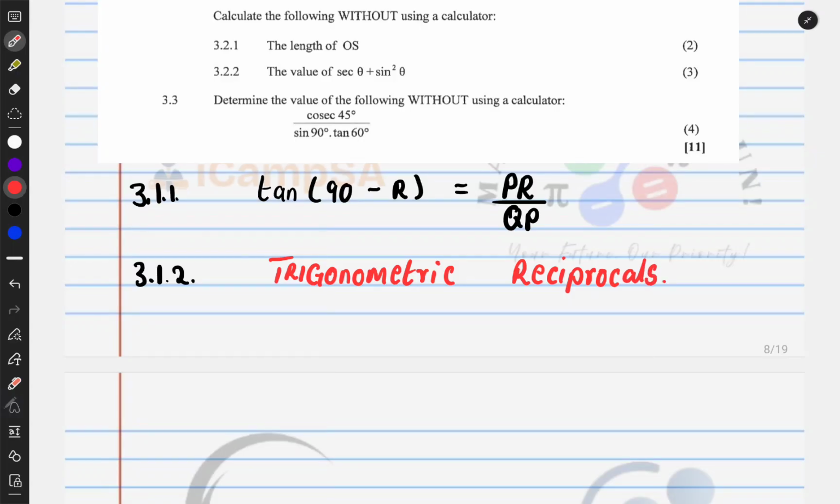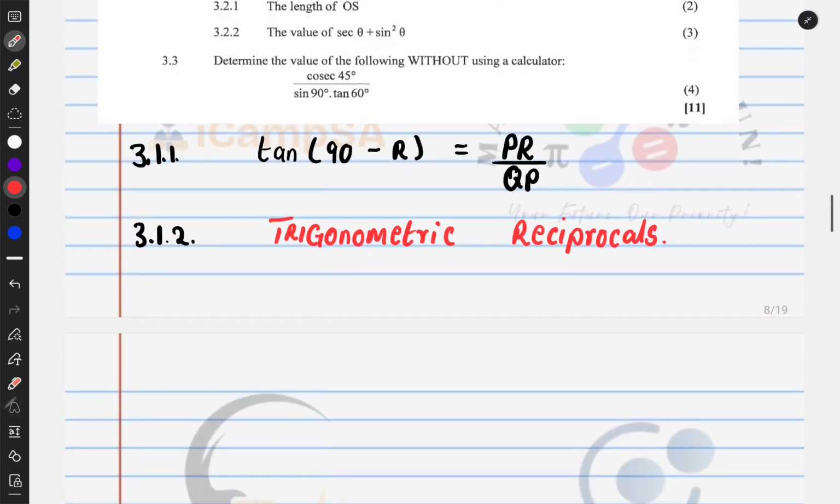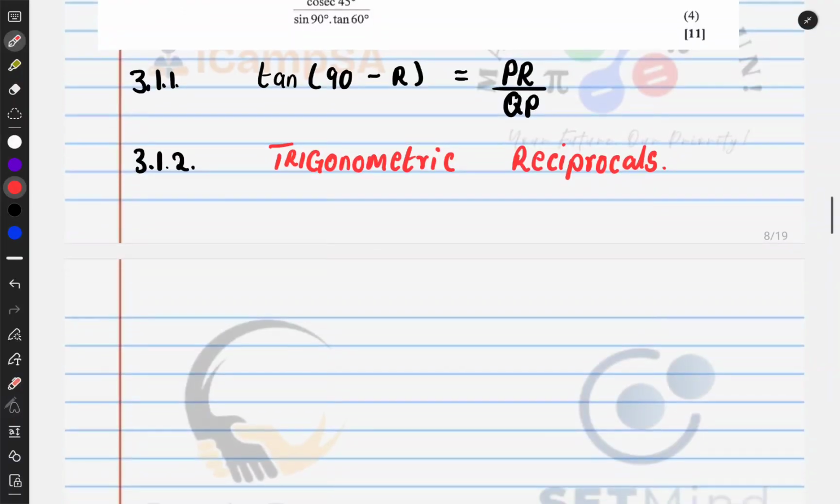The trigonometric reciprocals: we have the reciprocal of sine theta, which is called cosec theta. Cosec theta is equal to 1 over sine theta.